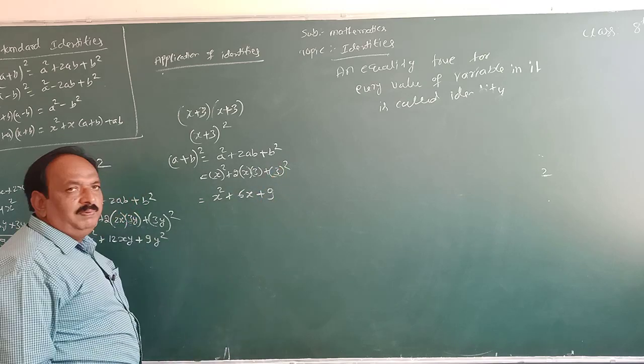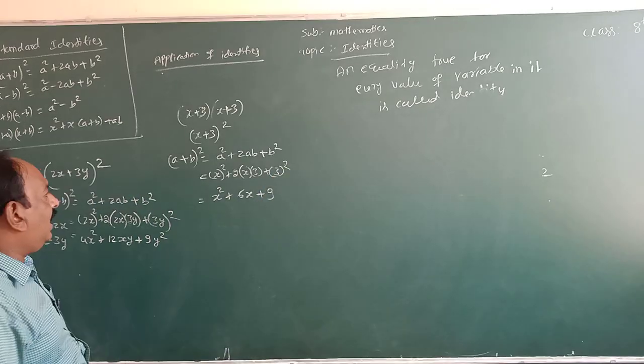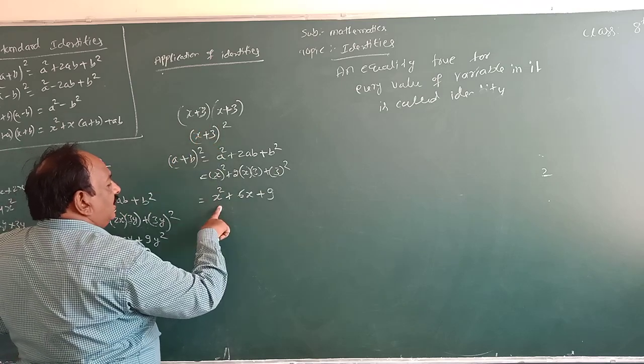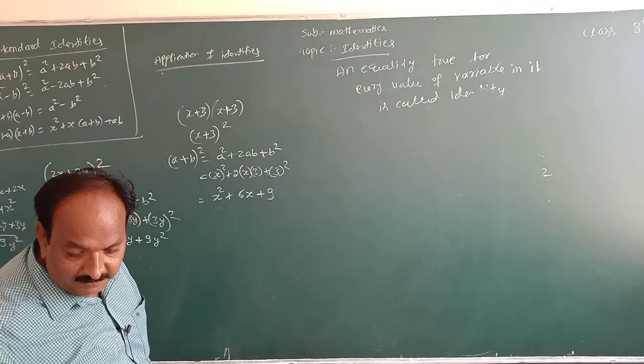Therefore, the expansion of (x + 3) whole square is equal to x square plus 6x plus 9.